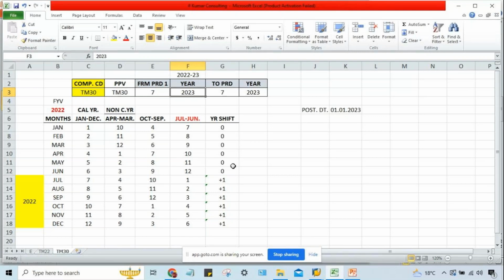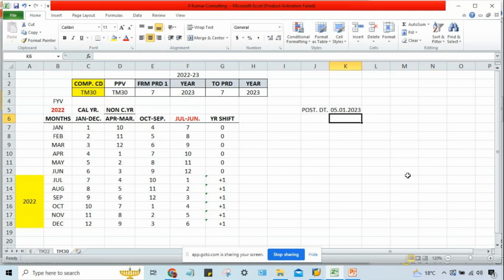Because we know this. If somebody says that you have to write 1st of July, or let's suppose 5th of July, you have to write like this. Oh my God, it is very difficult for users to calculate.